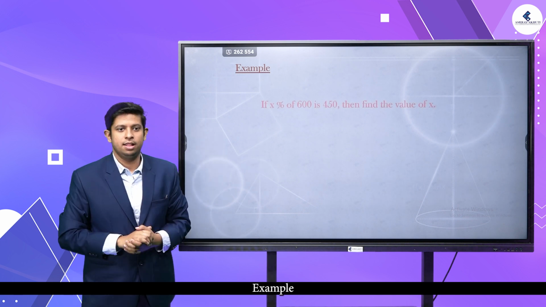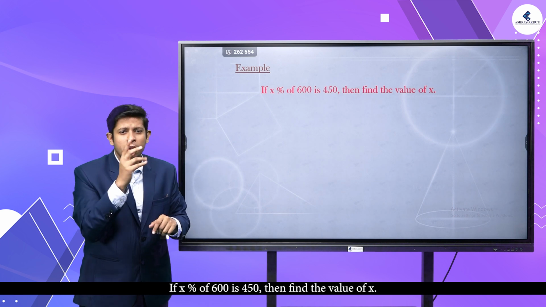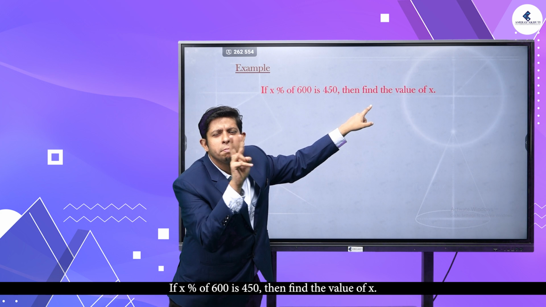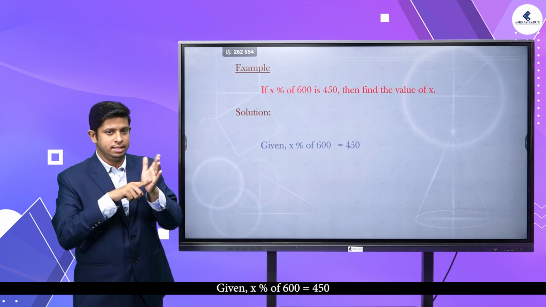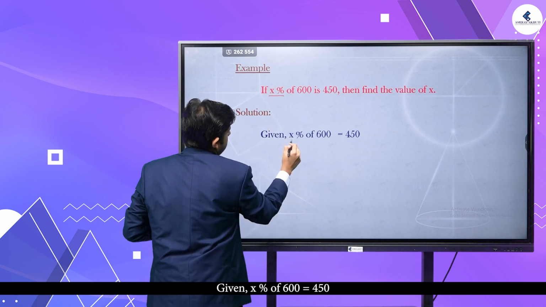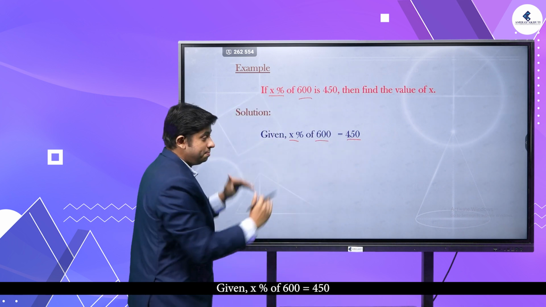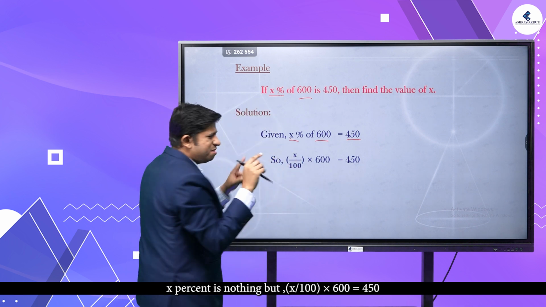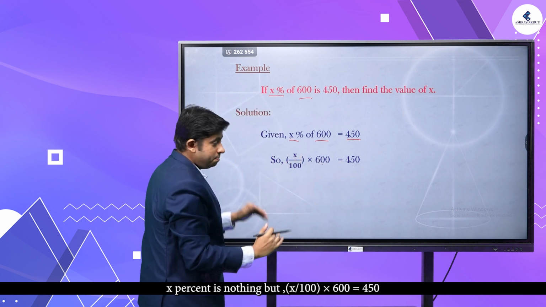Example: if x% of 600 is 450, then find the value of x. Solution: given x% of 600 is equal to 450, which means x% is nothing but x by 100 into 600 is equal to 450.